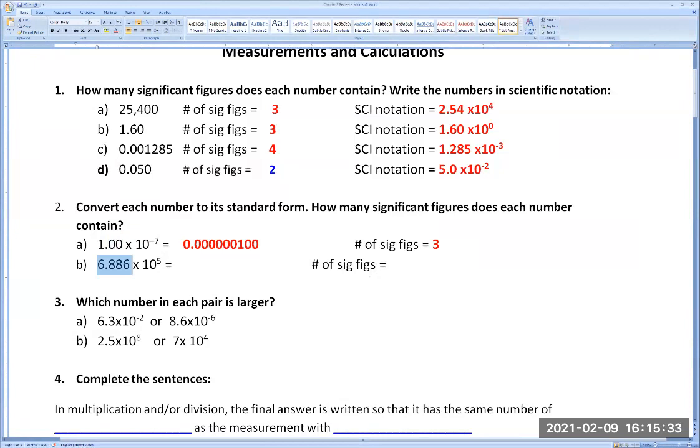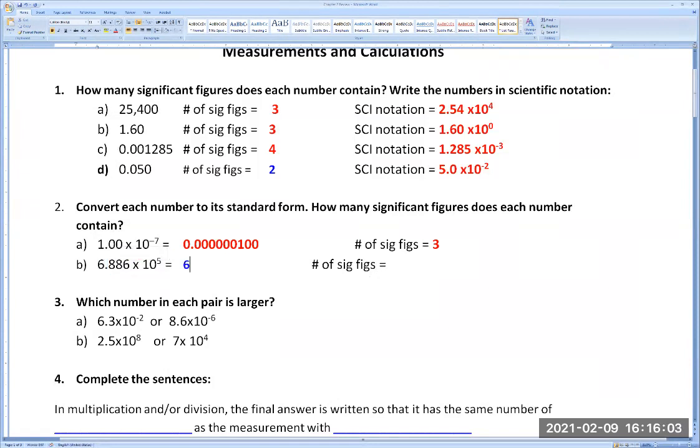So let's practice with this one now. 6.886 times 10 to the 5th. So we have a positive exponent. So that means we will multiply this number by 10, 5 times. That means the decimal point, you will move it to the right because you want to make this a larger number, like if you are multiplying by 10 five times.